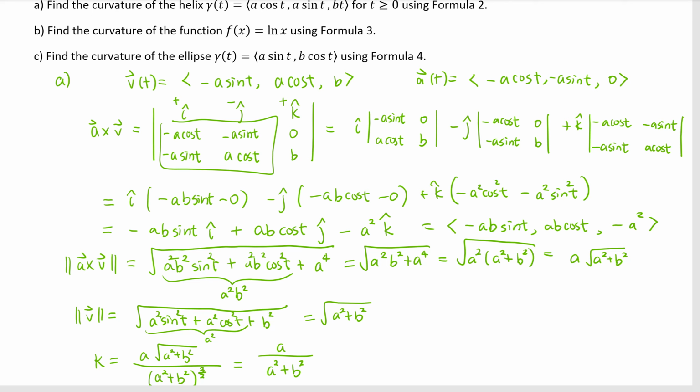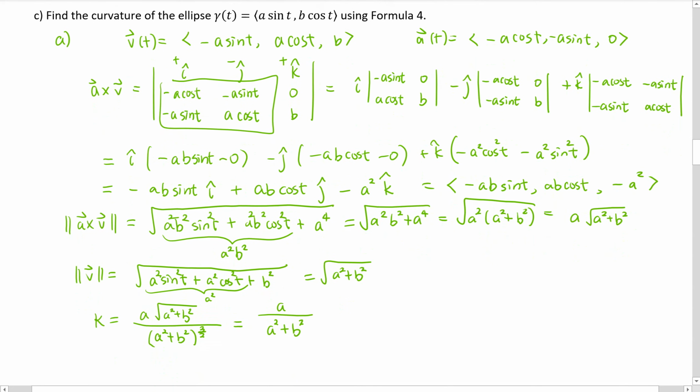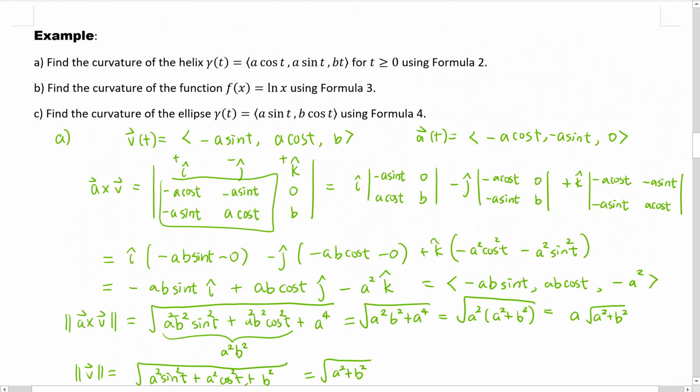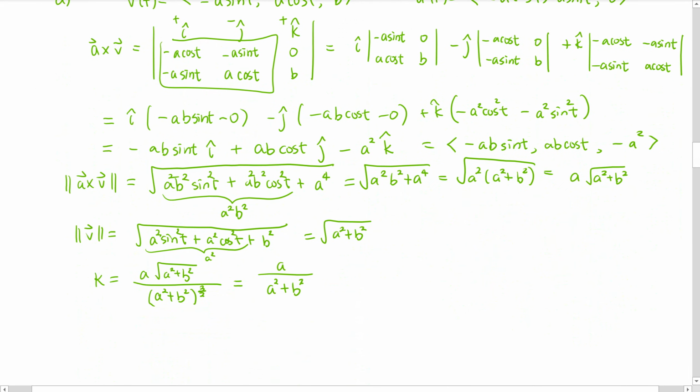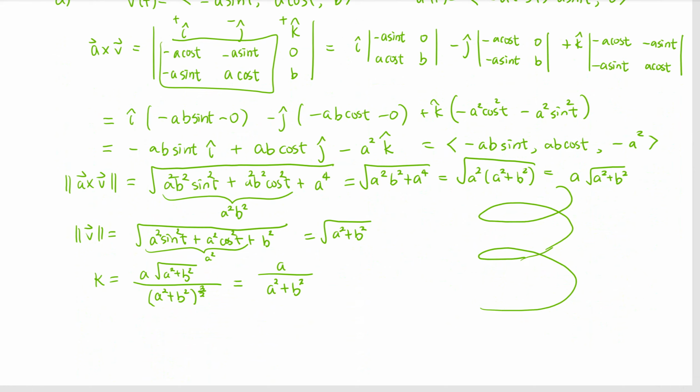So far so good, everybody? Okay, so this is the curvature of a helix. Let's continue. You can see that the curvature of the helix only depends on the shape of the helix, not the speed.